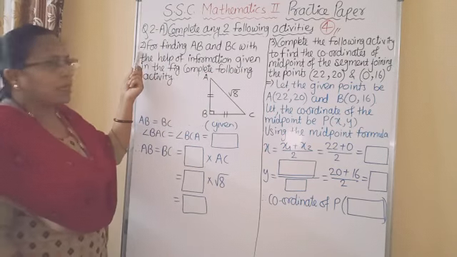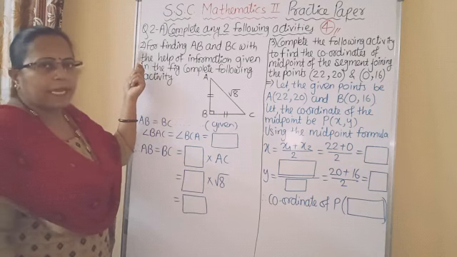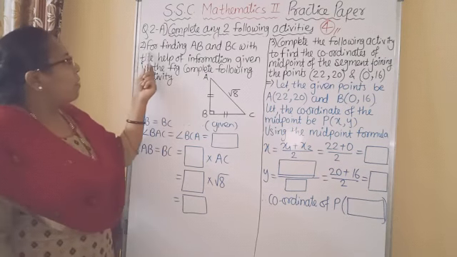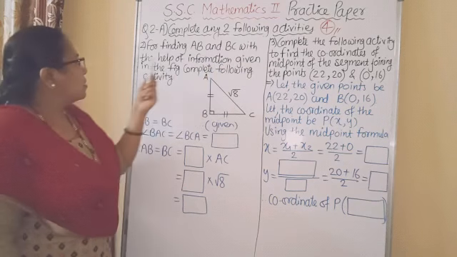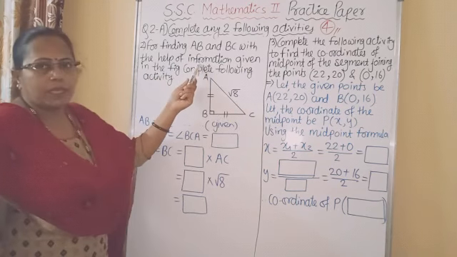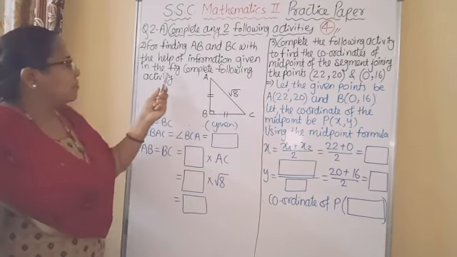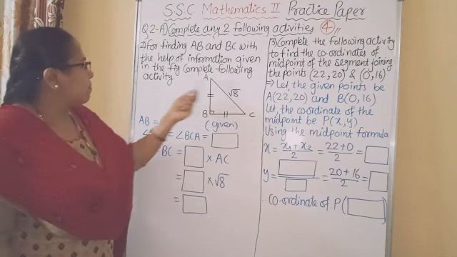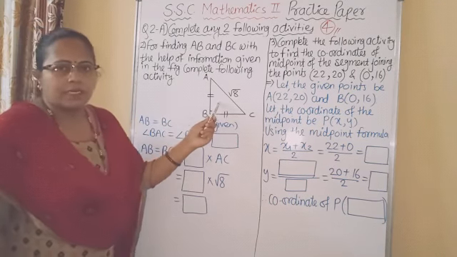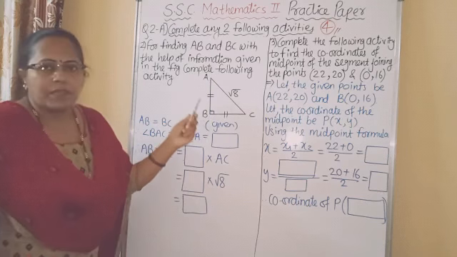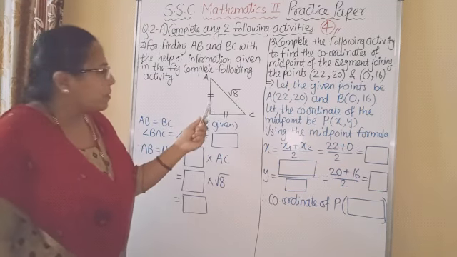Next, sub question number 2, means the second activity. For finding AB and BC with the help of the information given in the figure, complete the following activity. Okay, so here the figure is given. In the figure, information is given. So let us first read the figure.